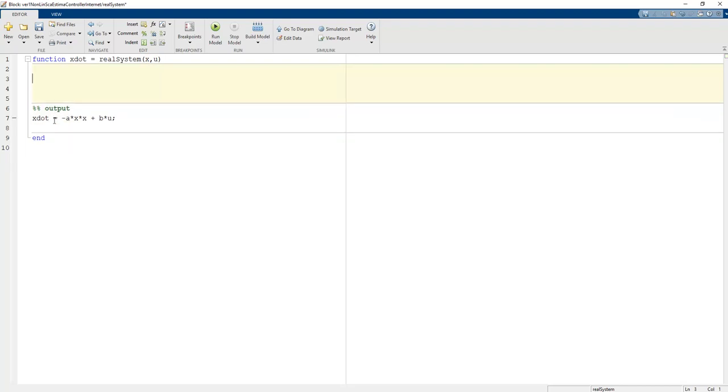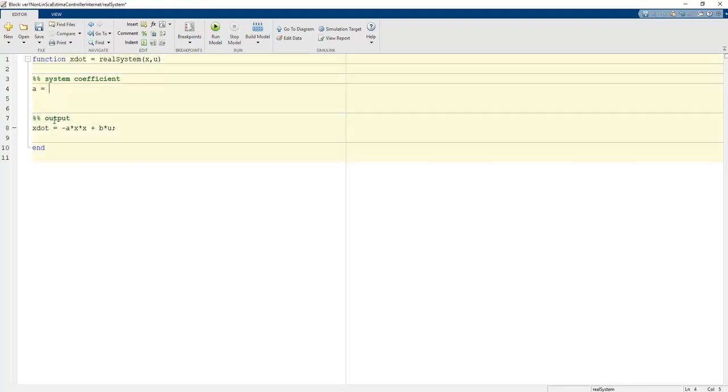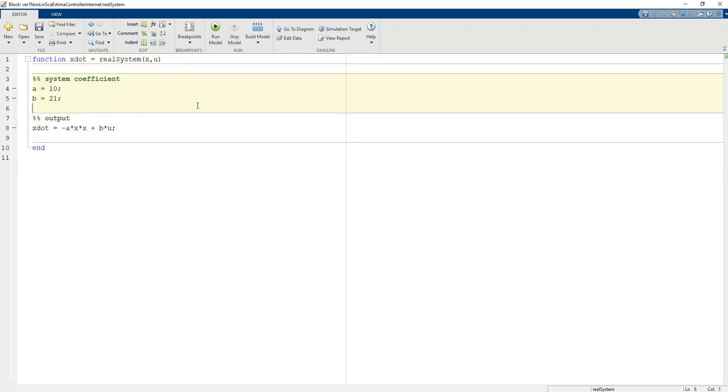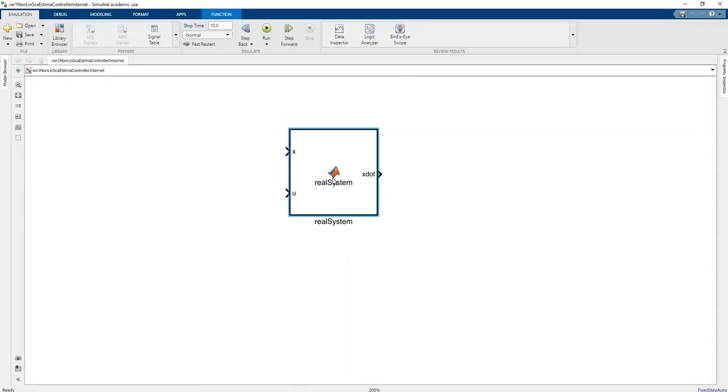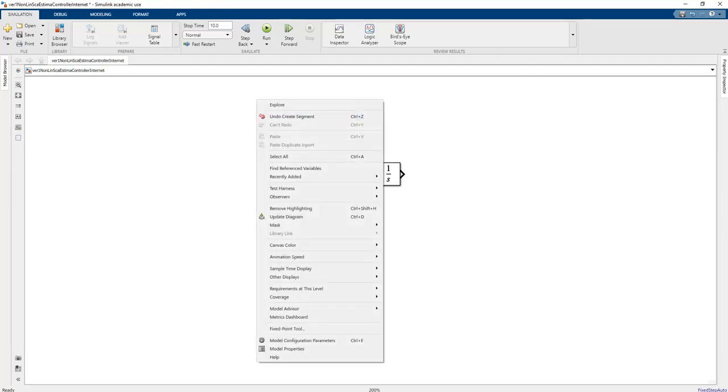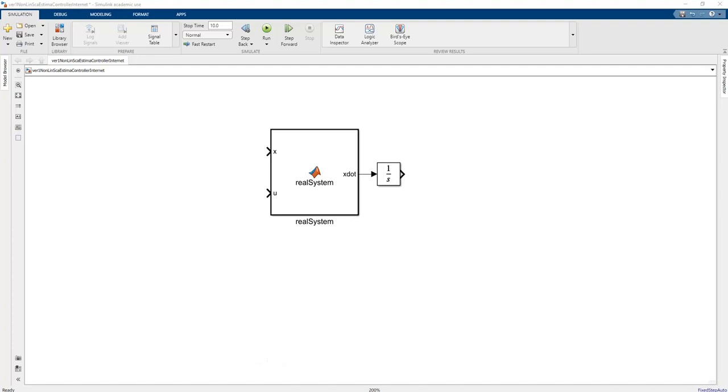The system coefficients can be given by arbitrary numbers, a equal to 10, b equal to 21. With this information, we can give the integrator value here, because this integrator value is given in the parameters of this nonlinear system as the initial condition.